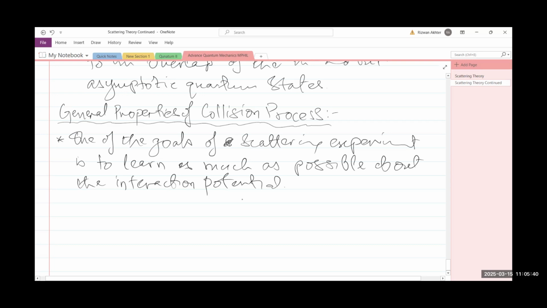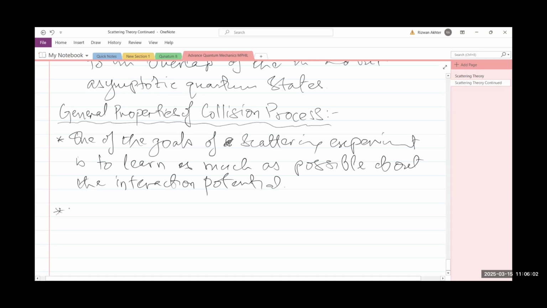The parts of the potential that we want to probe depend on the sensitivity on the initial state of the particle. So, what are the properties of the initial state of the particle, and not only the initial state, but also the potential of the target particle.